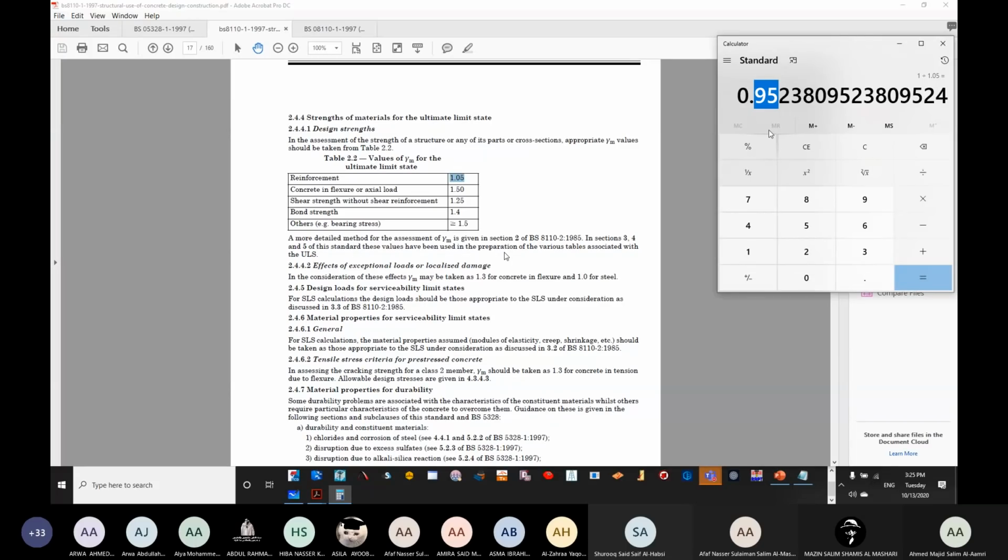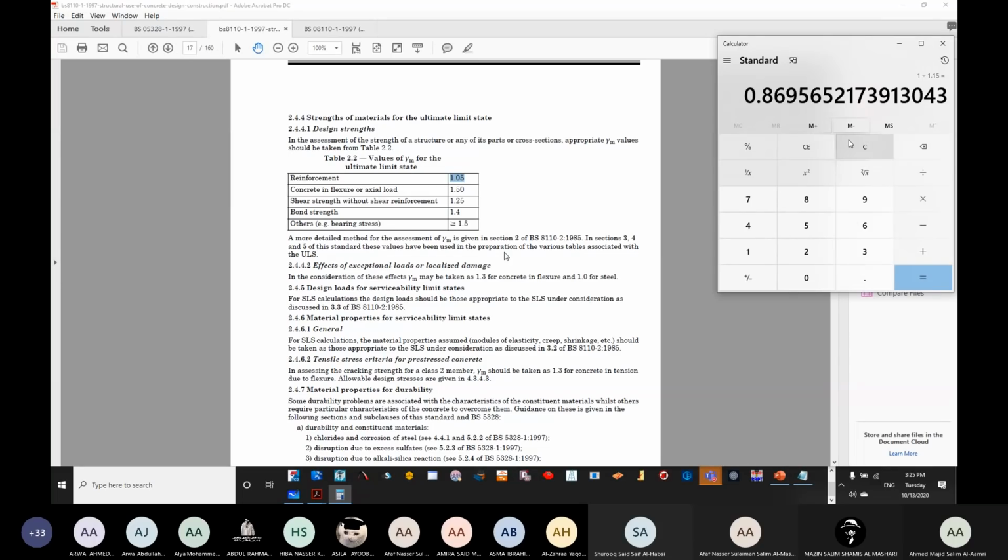So if we're using 460, it means that I'm going to use the equation of M divided by 0.95 Fy Z. If I'm using 500, then it's going to be 1 divided by 1.15, and it's going to be 0.87.